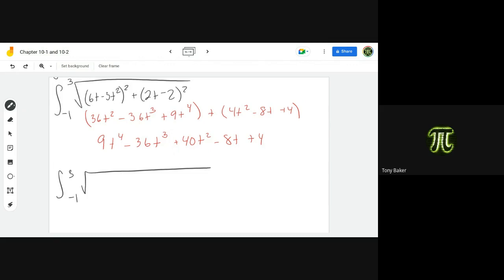The integral from -1 to 3 of the square root of 6x squared plus... and you should be able to, let me just make sure, you should be able to actually do these in terms of t.